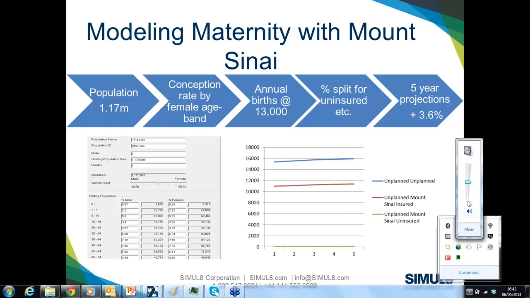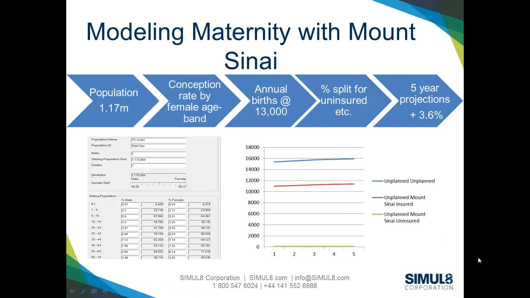So what we were doing, I think, was we worked with you and helped you to create a model that looked at what you might expect for maternities in Mount Sinai and how that might impact on your capacity.